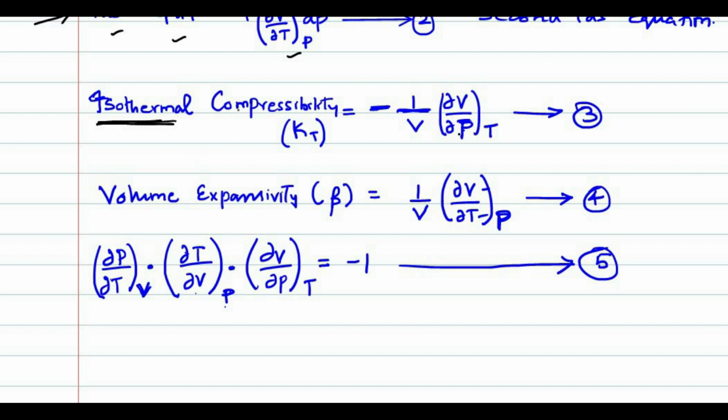So isothermal compressibility and volume expansivity both are dou V by dou P, the change of volume with respect to pressure, and the change of volume with respect to temperature.